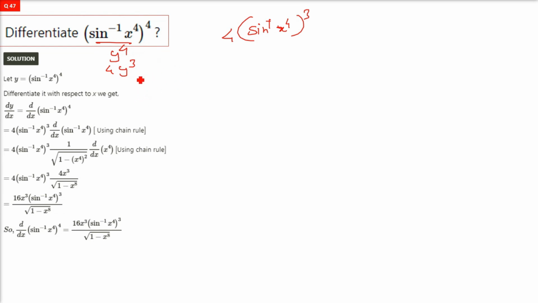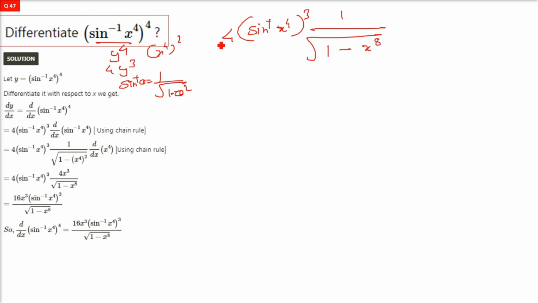Sine inverse is what? Sine inverse theta differentiation is 1 by under root 1 minus theta square. So 1 by under root 1 minus theta square, where theta is x to the power 4, so x to the power 4 whole square, which is x to the power 8.